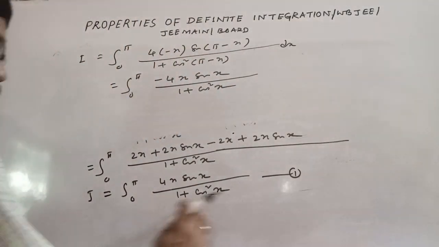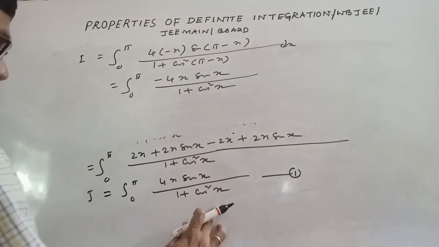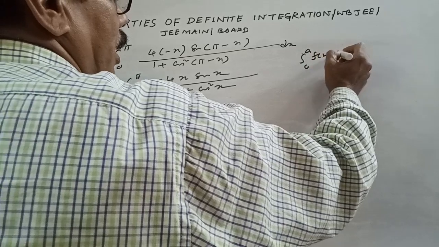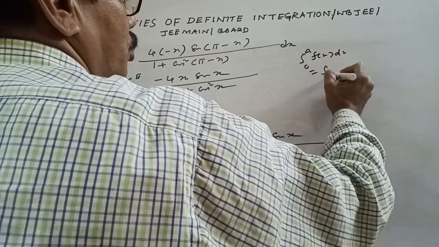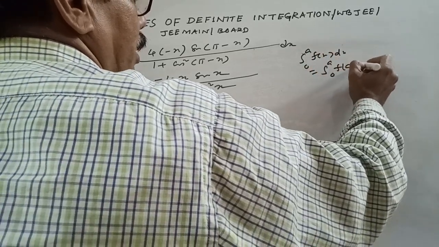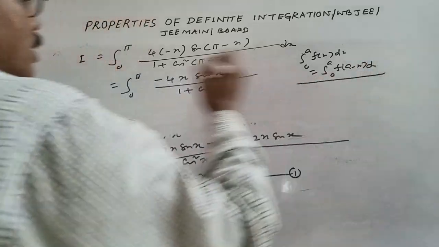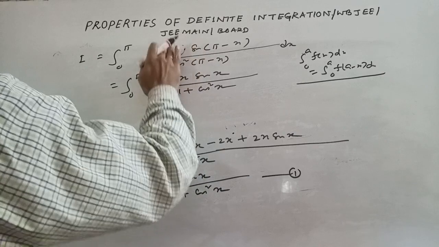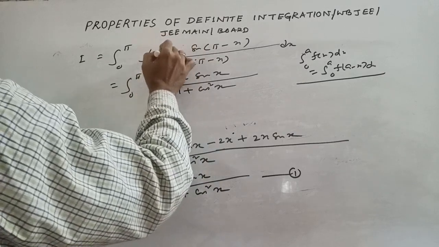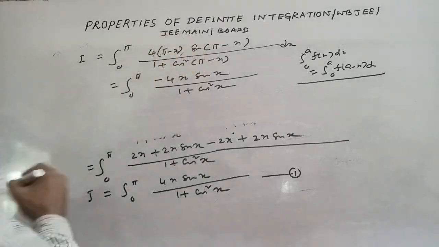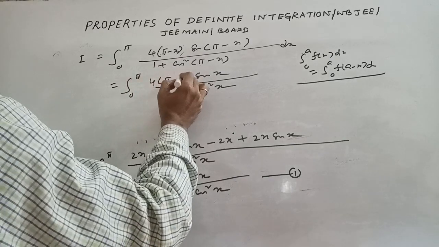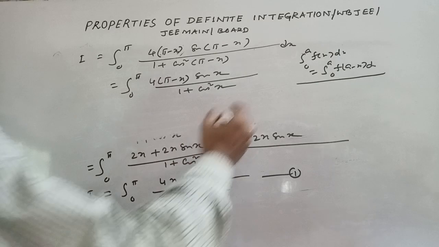So this is 1. Using the property, integral 0 to a of f(x) dx equals integral 0 to a of f(a minus x) dx, x is replaced by pi minus x. So call it 2.